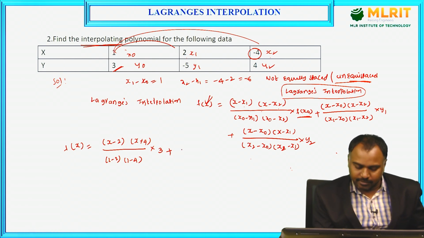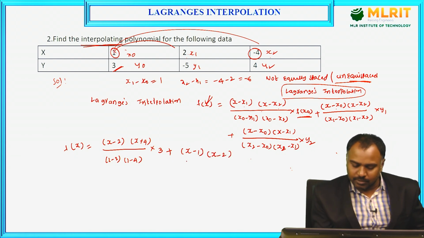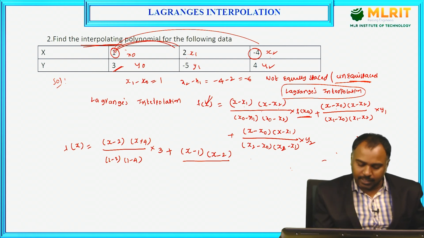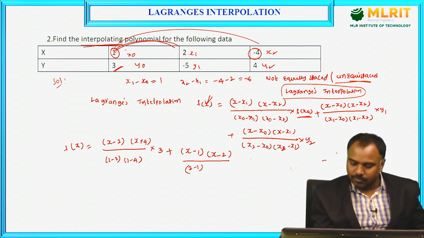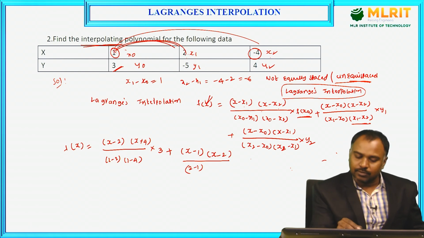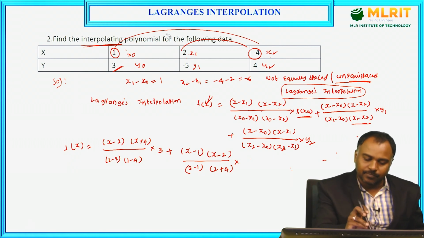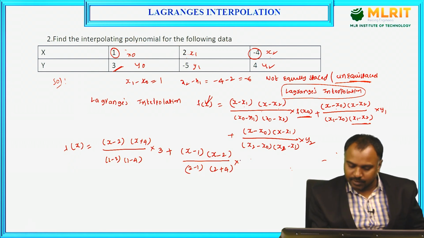Second term: x minus x0, where x0 is 1, x minus x2, x minus 4, divided by x1 minus x0, so 2 minus 1, and x1 minus x2, so 2 minus 4, into the respective function value y1.